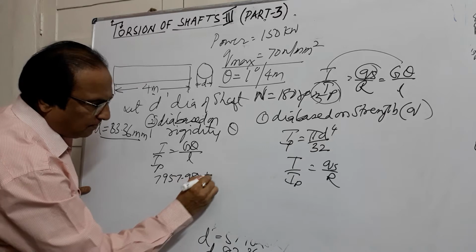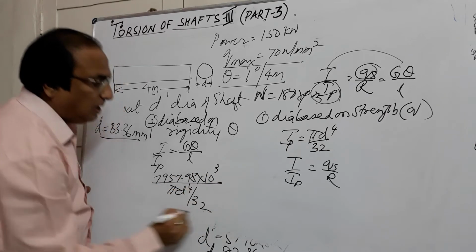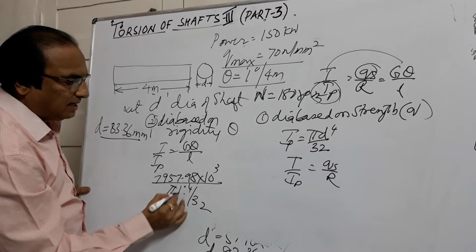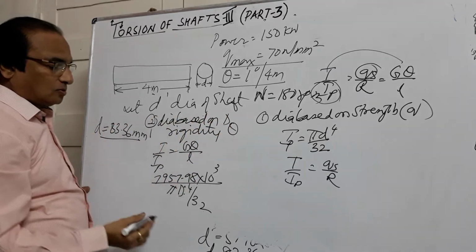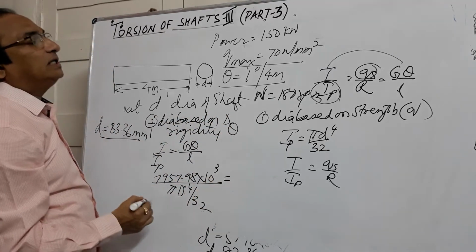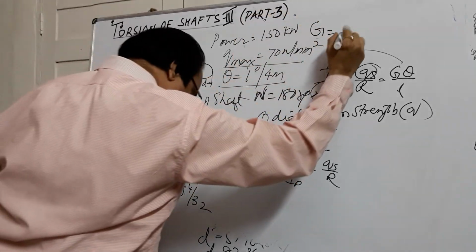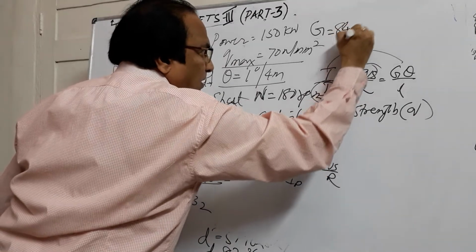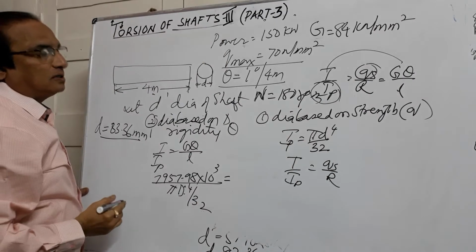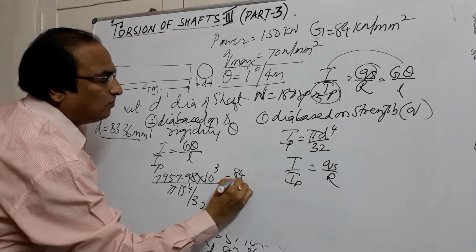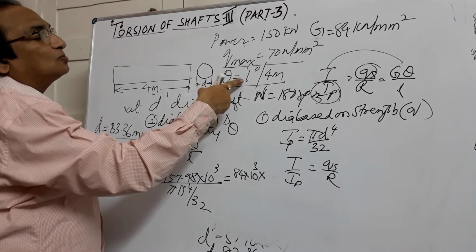The value of T is 7957.98 into 10 to the power of 3 divided by pi d4 by 32. If I call this diameter capital D instead of small d, this is equal to G in the problem. If I give G as 84 kilonewton per mm square, this will be 84 into 10 to the power of 3, into the angle of twist that is given to you, which is 1 degree.